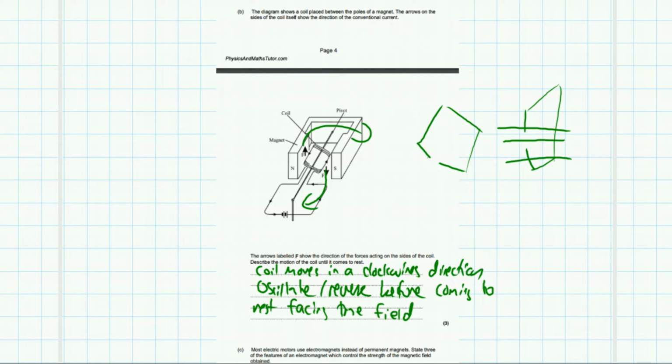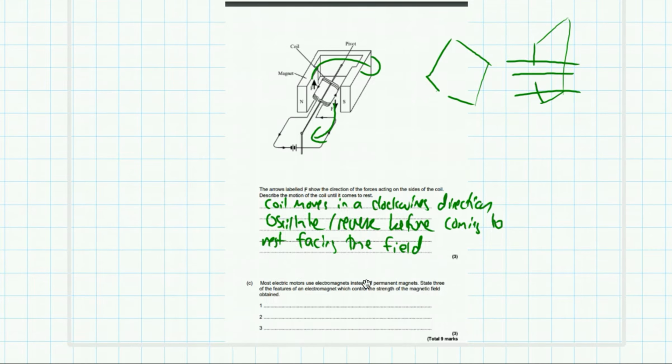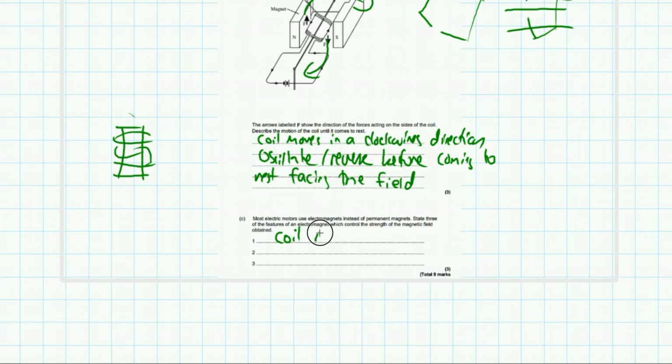Most electric motors use electromagnets instead of permanent magnets. State 3 of the features of an electromagnet which control the strength of the magnetic field. Remember, in our situation before we had the coils wrapped round, with the starter motor question. So one thing that controls the magnetic field strength, first of all, is the coil number.